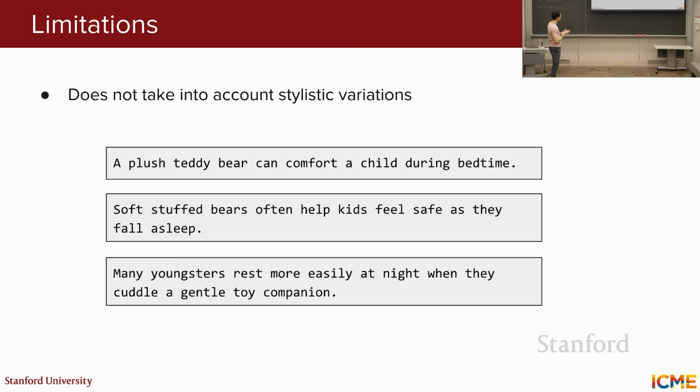Let's suppose I say, a plush teddy bear can comfort a child during bedtime. Well, the exact same thing, I can say in a really different way. Soft stuffed bears often help kids feel safe as they fall asleep, or many youngsters rest more easily at night when they cuddle a gentle toy companion. In all these cases, the metrics that we saw would perform very poorly.